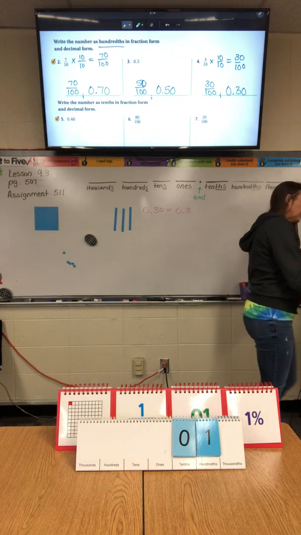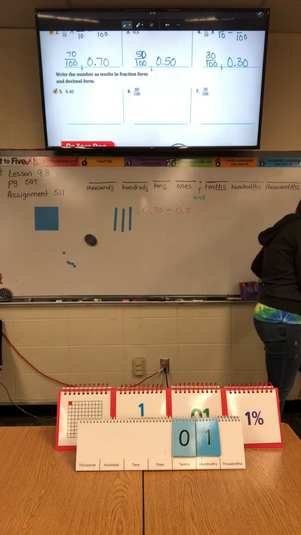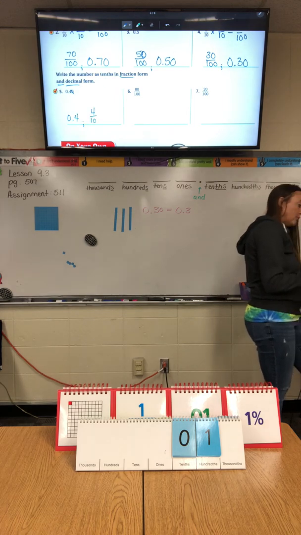Okay, now they're going to want us to write the number as tenths, in fraction form and decimal form. So to write 40 hundredths as tenths, we just take off that 0. So 4/10. And then of course in fraction form it's just 4 over 10.